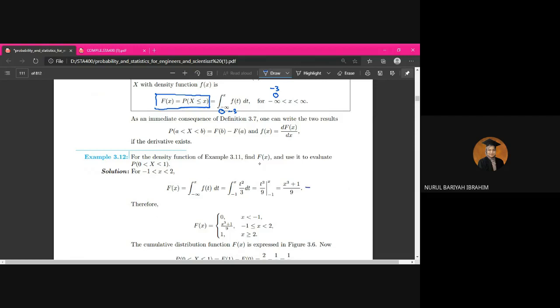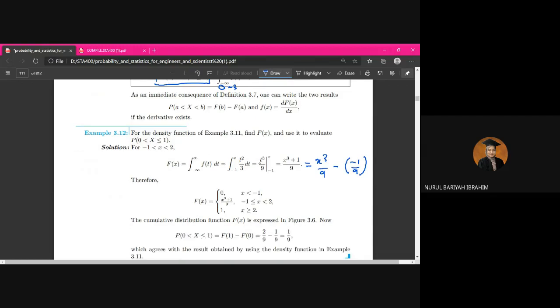So let's see, kalau you buat 1 by 1, so you will get x power of 3 over 9 minus negative 1 over 9. Because of that, you akan dapat x power of 3 plus 1 over 9. So this is your CDF. This is your CDF. Okay.